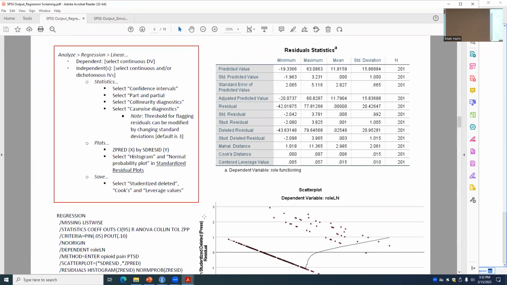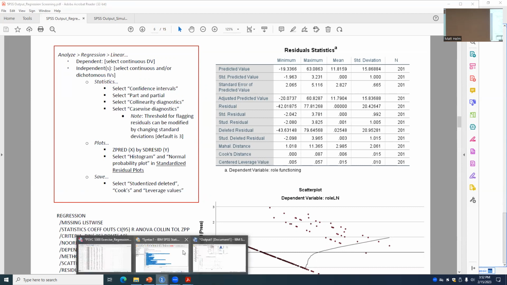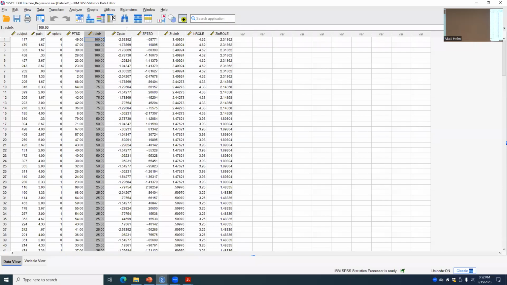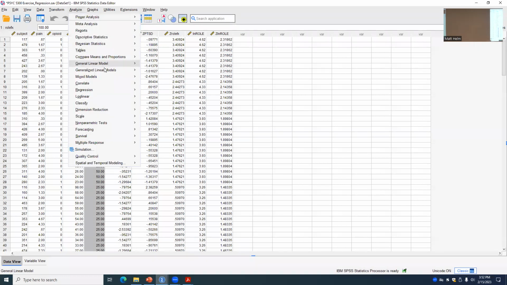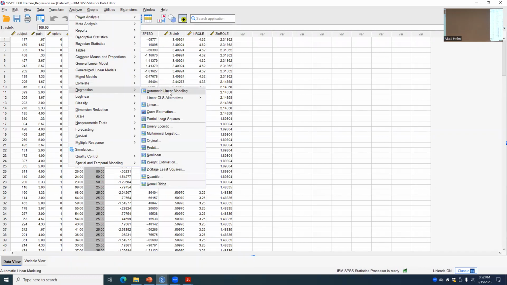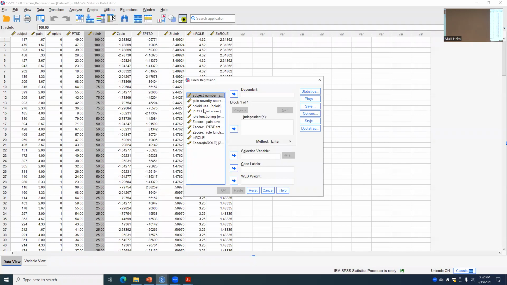What we want to do is run our model and get our regression coefficients and our residuals so that we can start to look at what that structure looks like. So I'm going to go back to my data, go to analyze, regression, linear. The outcome is going to be my role functioning variable.